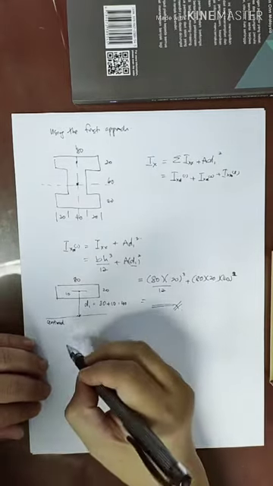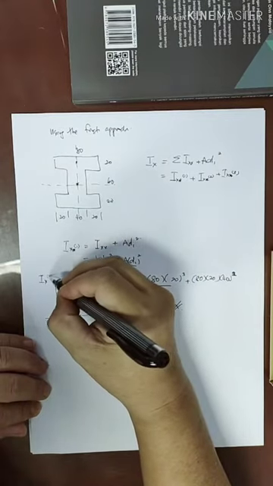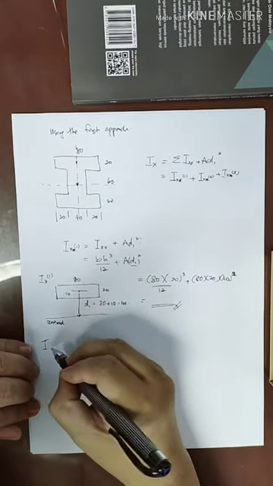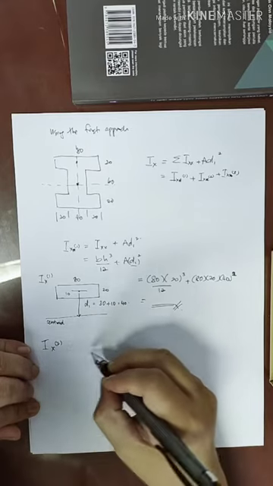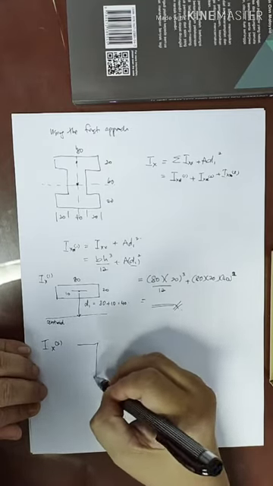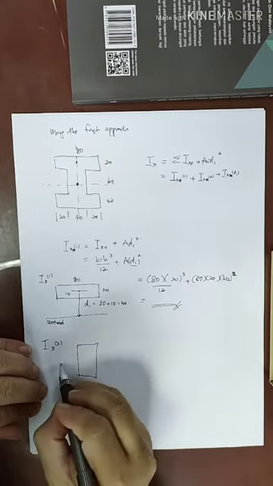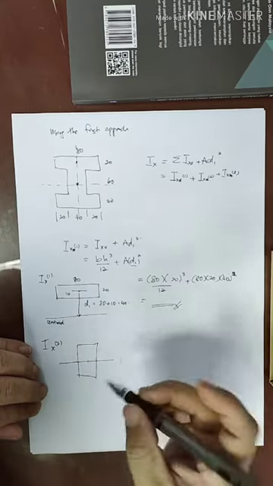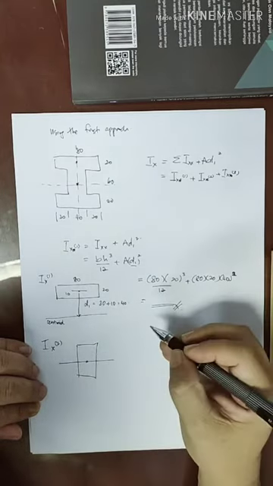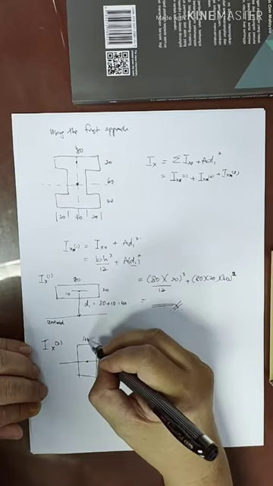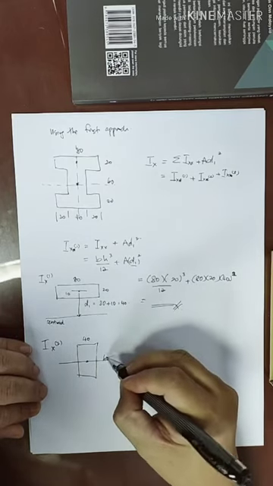For Ix2, this represents the center part. Okay, so this is 40, this is 60.